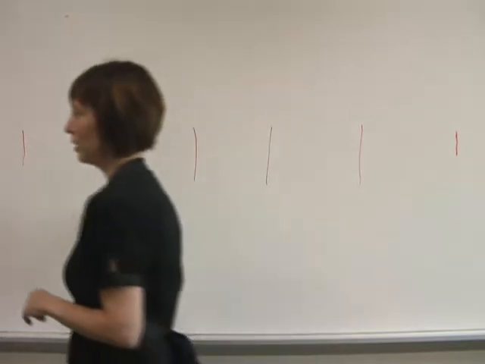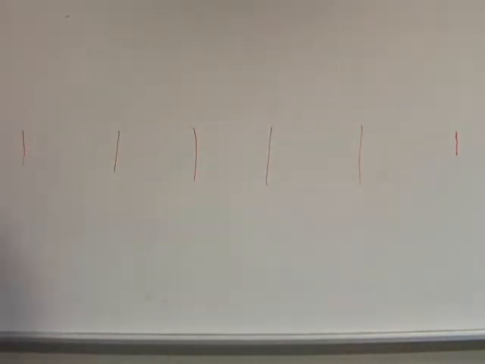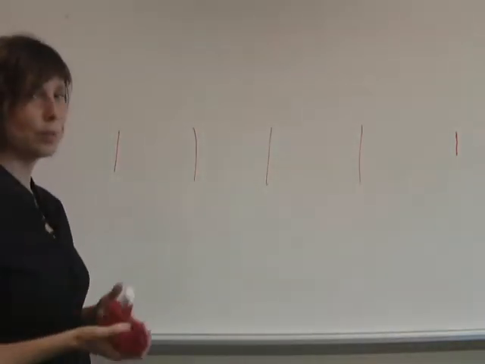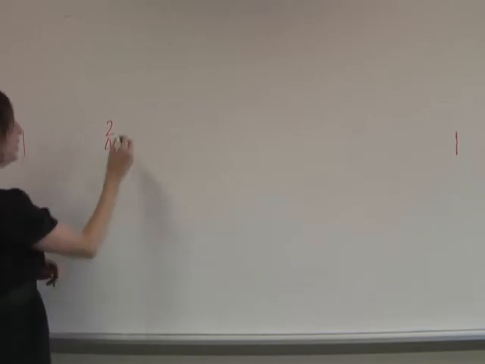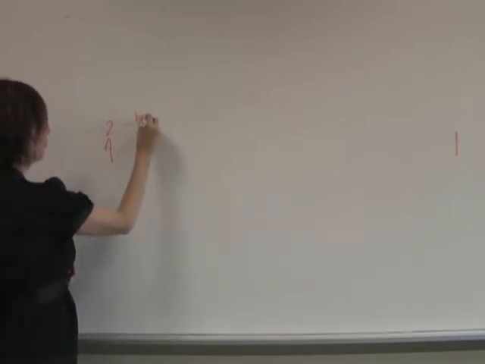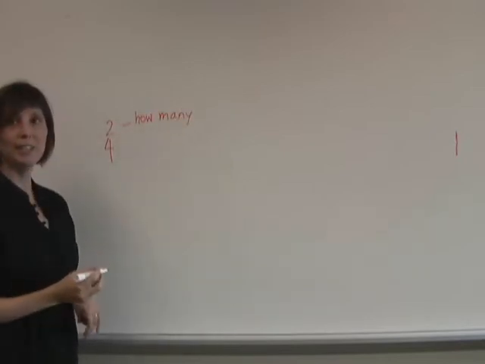So let's talk about the time signature 2/4, which is possibly what I was just counting. In this time signature, I have 2 numbers. The top number tells me how many beats I have in each measure.